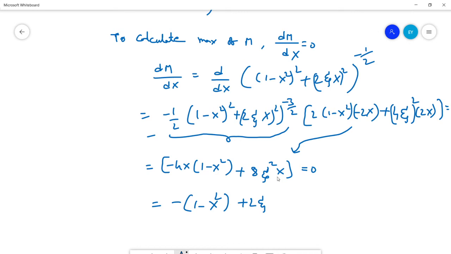You can take 4x as common. So if you take 4x as common and you give it to the right side, since it is 0, that will be 0, and this one you get, this is nothing but d by dx of M.